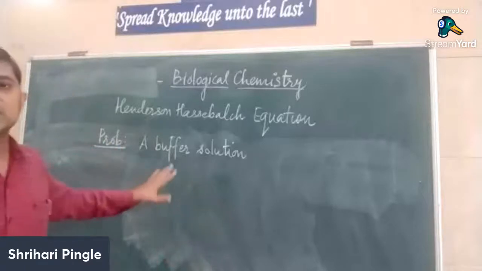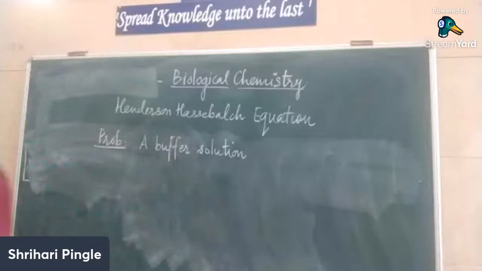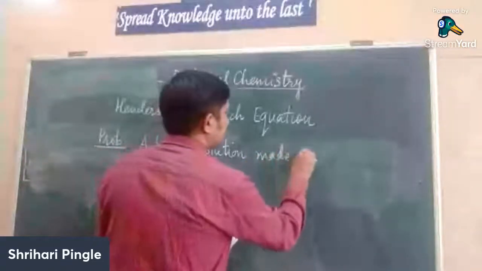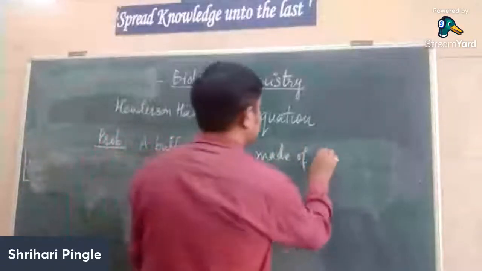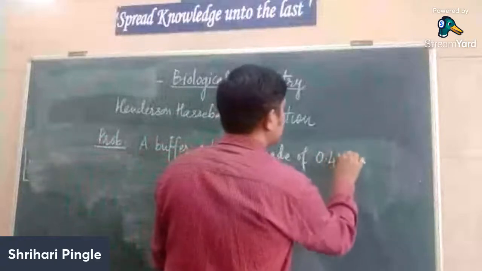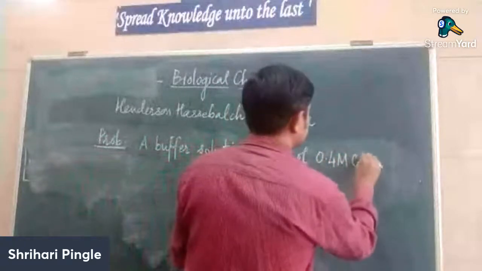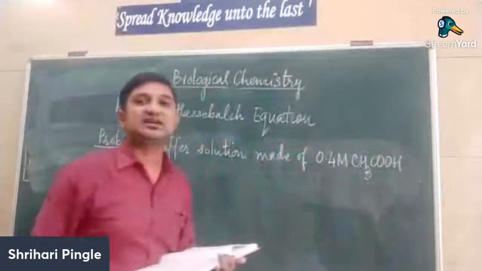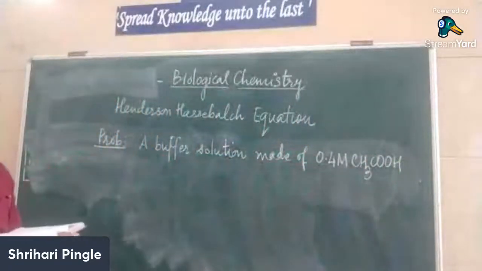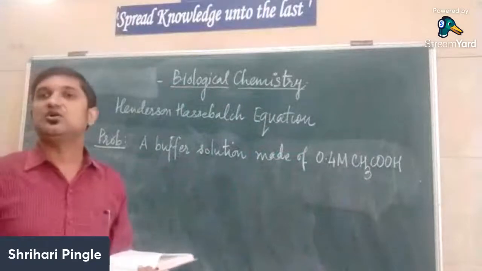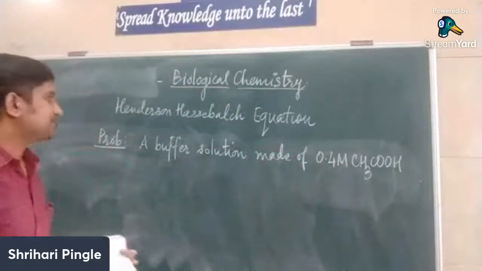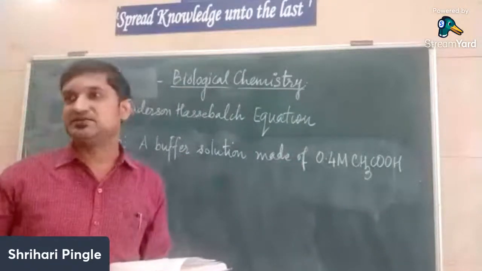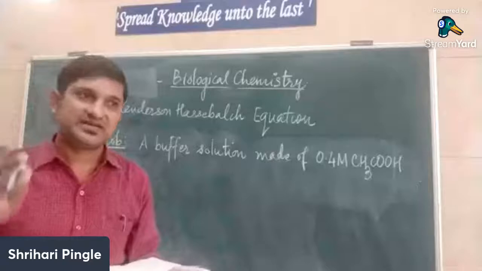So the question is, a buffer solution made of 0.4 molar CH3COOH, that is acetic acid, or IUPAC, ethanoic acid. So you know the concentration of acetic acid in the solution.